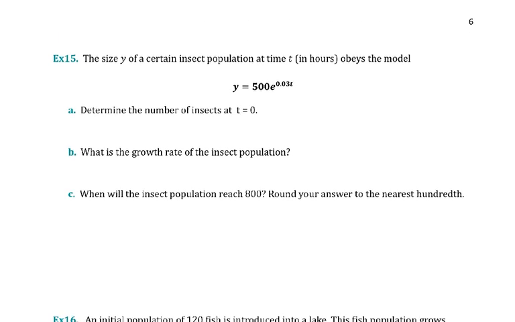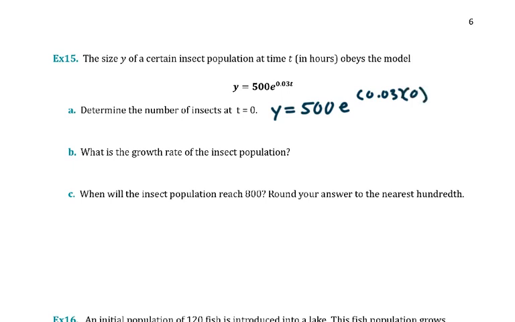Okay, and we have problem 15 here. The size of an insect population at time t in hours obeys this given exponential model. If we are asked to determine the number of insects at time t, that would be plugging in 0 for t. That's our initial amount. So this is going to give us the initial population. If I do that, I say y equals 500 e to the 0.03 times 0.